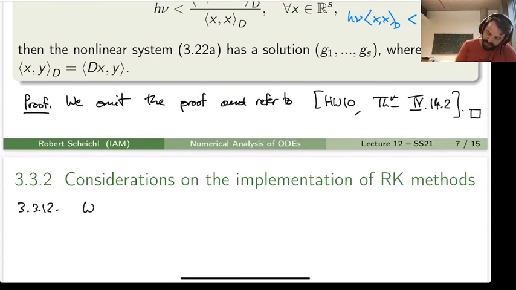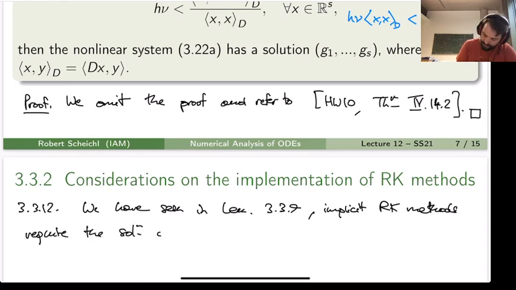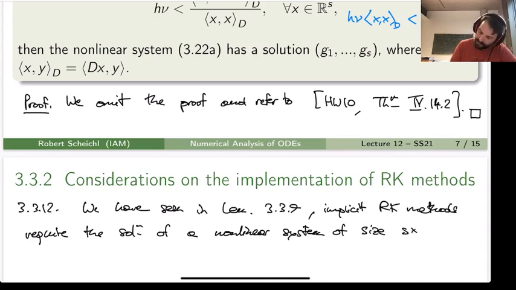So we've seen in lemma 3.3.9 that implicit Runge-Kutta methods require the solution of a nonlinear system of size S times D. So basically, if we have S stages and D ODEs, we immediately get an S times D dimensional nonlinear system where we're computing all the stage values together.